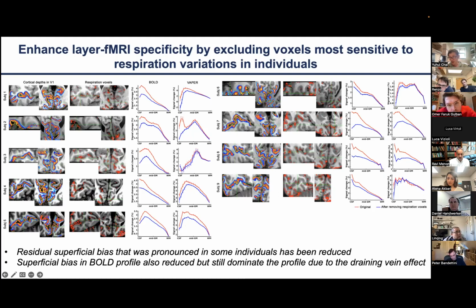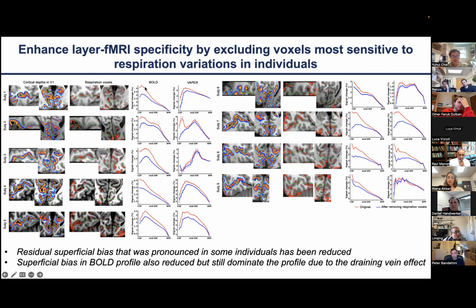So this is BOLD: you see a very strong superficial bias. In the VASO image, you also see that, which suggests there should be large vessels around the cortical surface. By removing those voxels that are more sensitive to respiration, the residual superficial bias could be significantly suppressed.